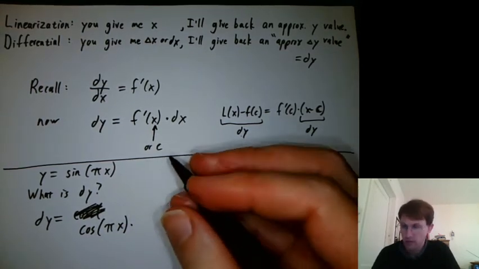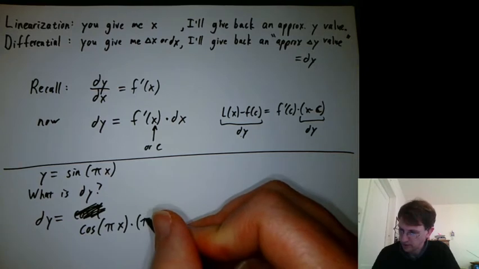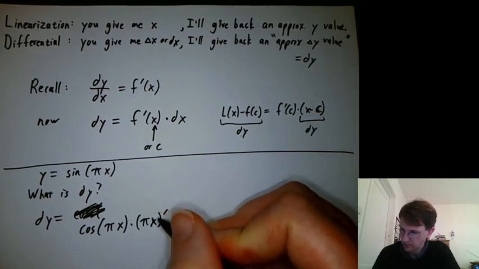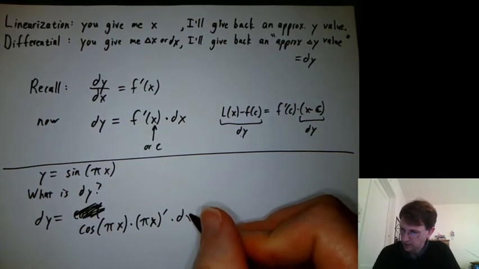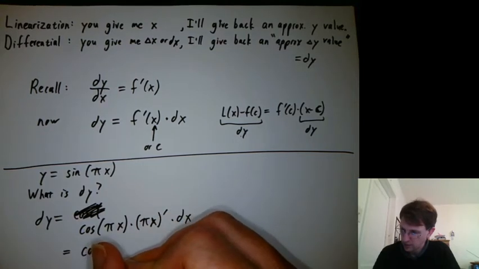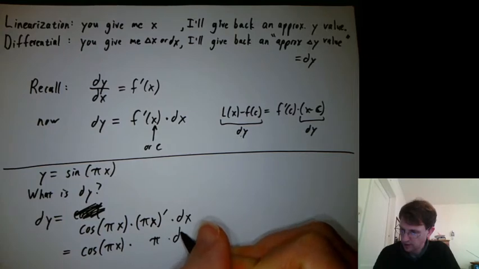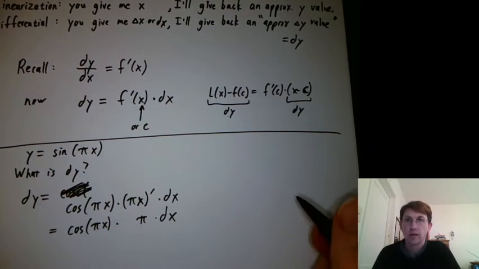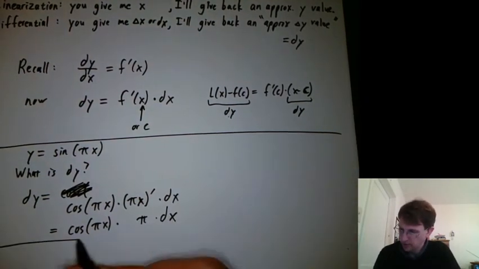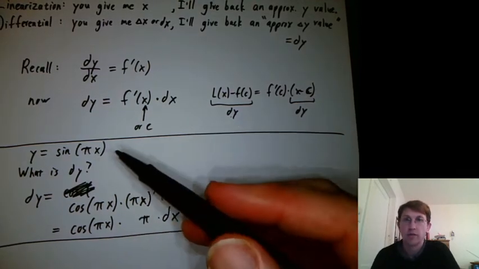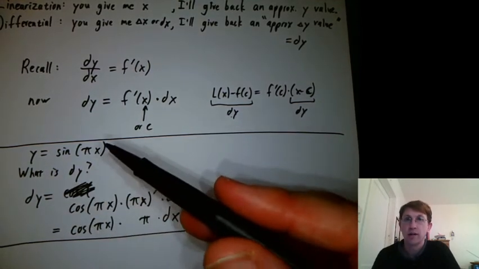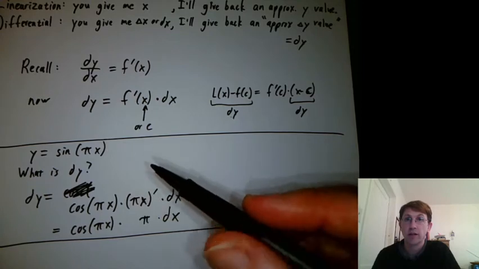But then there's the chain rule, because pi x is a function of x. So pi x prime dx. So that would be cosine pi x times pi dx.